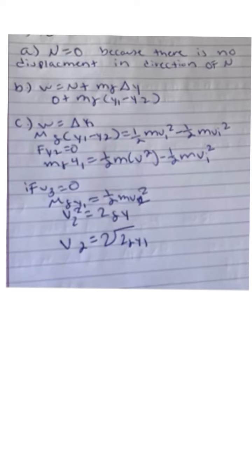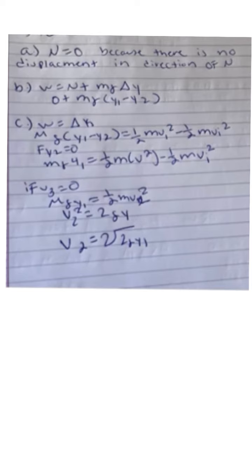So moving on to part C, it's asking what is the speed at point B. We know in order to find the net work that we can go ahead and use the equation mg times (y1 minus y2) equals half m v2 squared minus half m v1 squared.